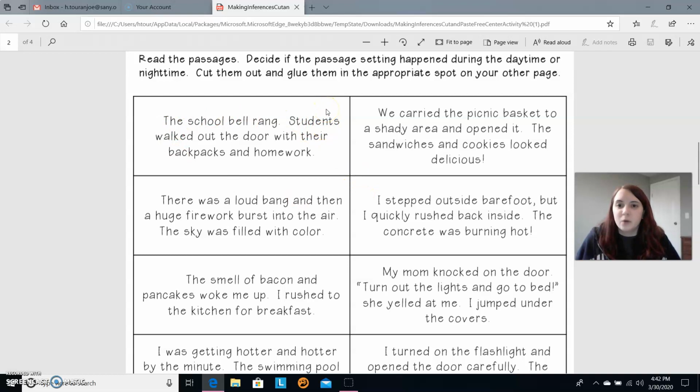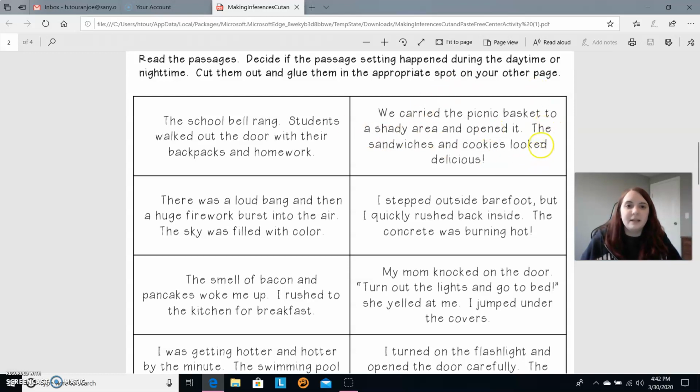Students walked out the door with their backpacks and homework. Well, the text says that they had their backpacks and their homework, and it says they walked out the door. Well, if they're walking out the door with their things, it doesn't mean that they're just getting there. It means they're leaving, which would probably mean it's more nighttime or evening. This one's kind of a little loosely interpreted because it could represent evening, but I'm going to lean more towards night just for that reason.